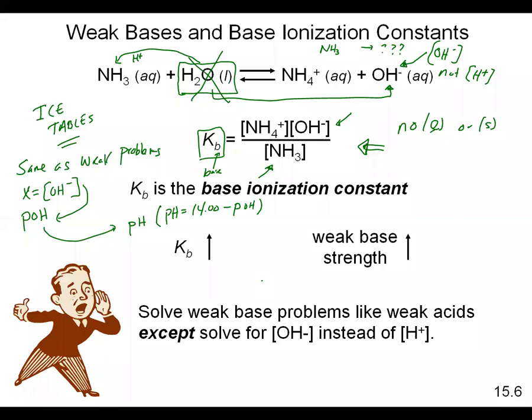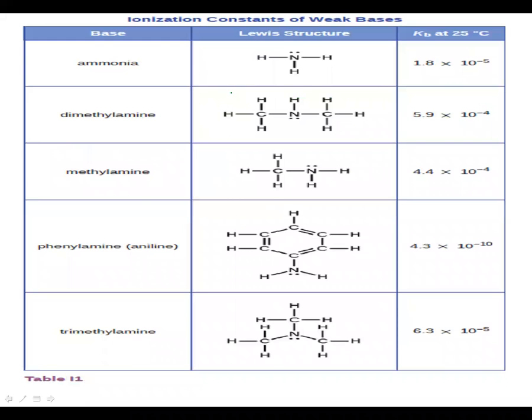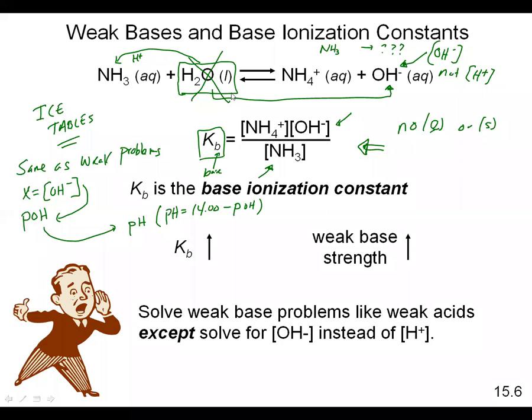The relationship is the same sort of relationship that we saw with Ka. As the Kb value increases, the strength of that weak base will also increase. And again, it's for the same reason.